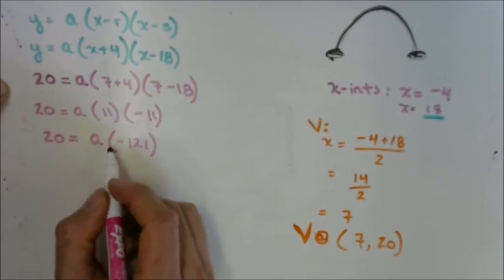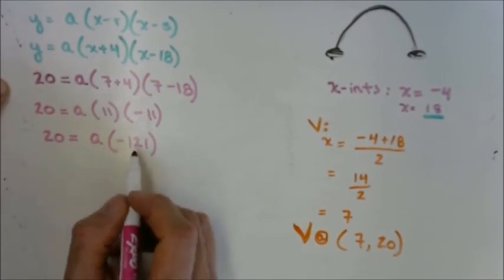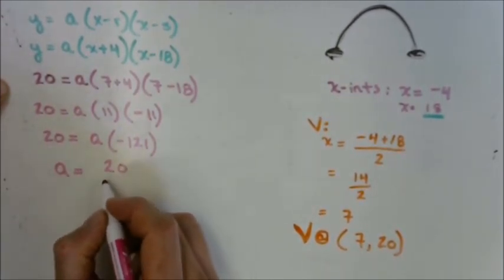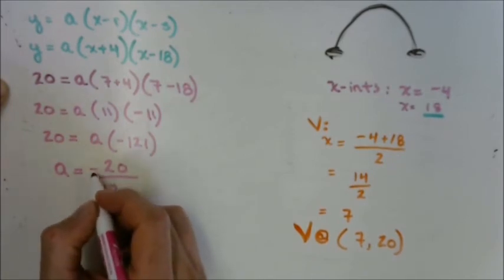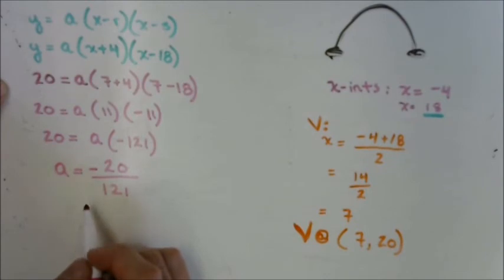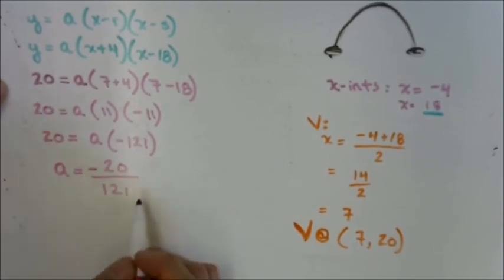They're attached by multiplication, so we're going to divide both sides by negative 121. So we're going to get a equals 20 over 121, and it's negative. In order to reduce, we put the negative in the numerator or in front of the number. So now we know what a is. We don't want a big decimal. We're just going to leave it in exact form right now, as a rational number.